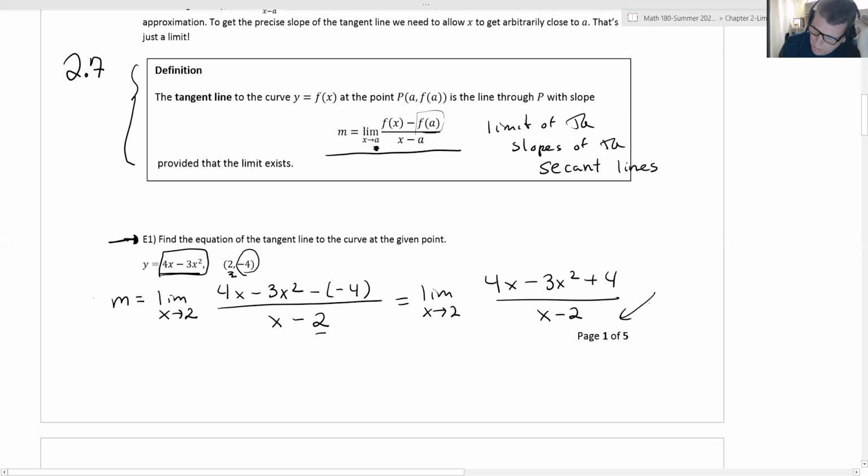What we want to do is get x minus 2 out of the denominator. We want to cancel that somehow. That's our goal.